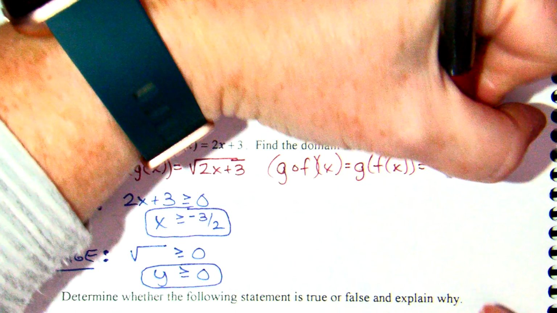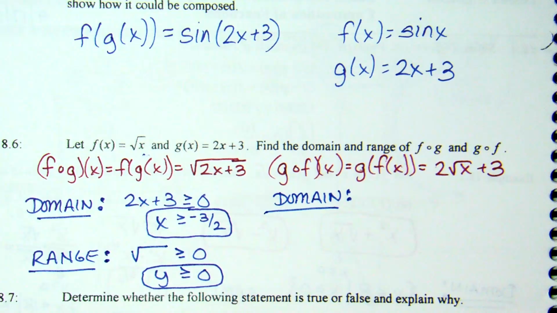Domain should be fairly easy to figure out here. My radical again has to be positive. What's under the radical this time though? Just x. So x greater than or equal to 0. No denominators to worry about, so it's just x greater than or equal to 0.